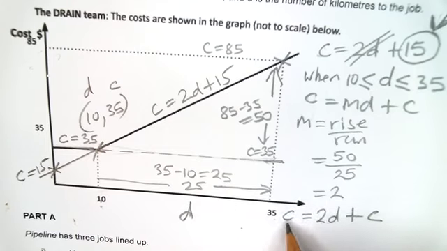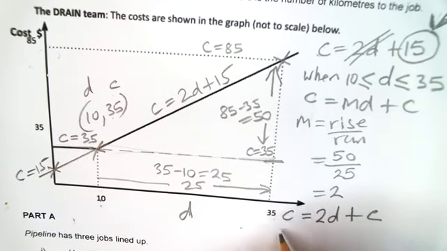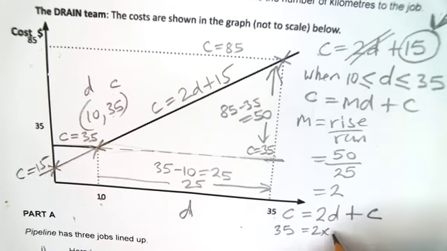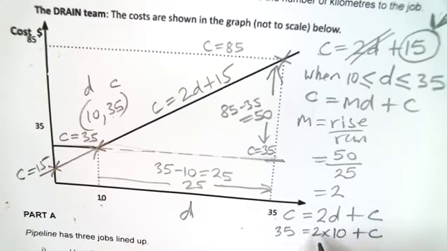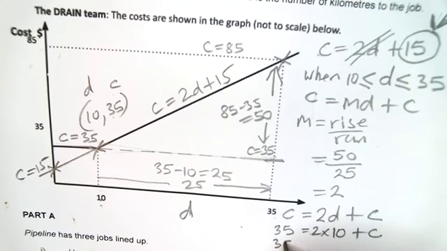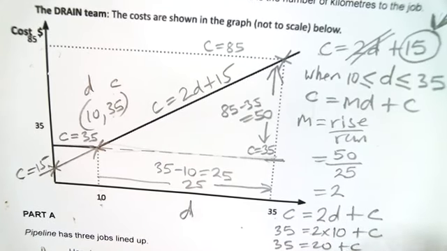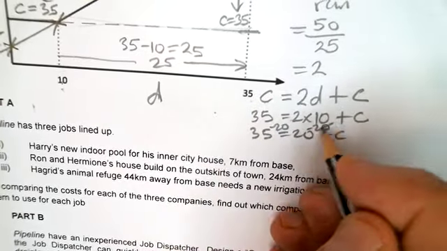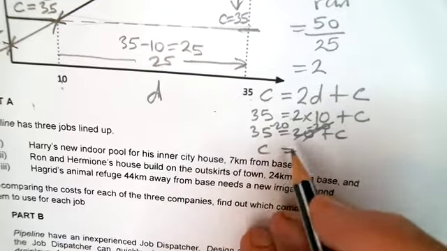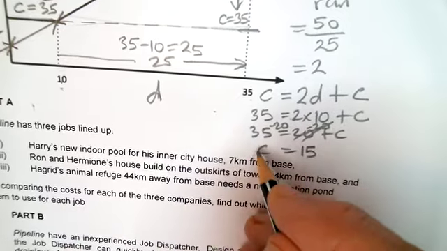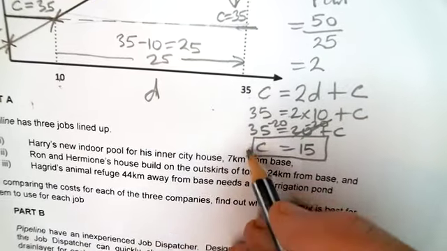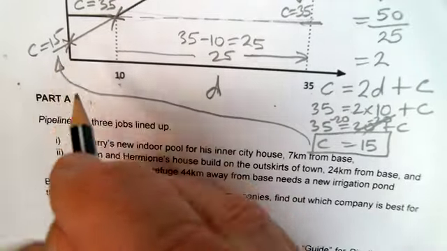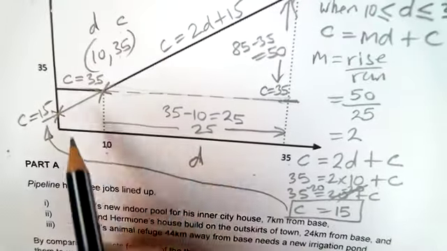My C value is 35. 35 is equal to 2 times D. What's my D value? 10. 10 plus C. Of course, 2 10s are 20, so 35 is equal to 20 plus C. And I'm just going to subtract 20 from both sides. Minus 20, minus 20. Then C is equal to 35 minus 20, which is 15. And there is the missing 15. That's where that 15 comes from. That's why it would continue there.